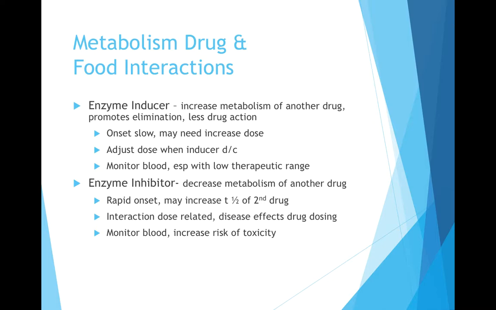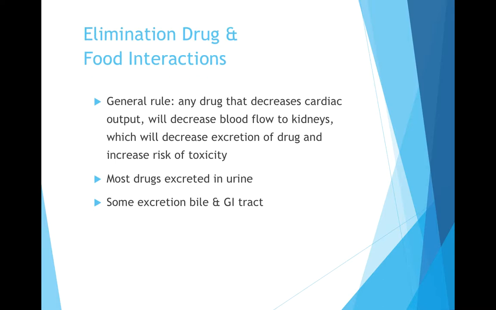You may see an increase in the half-life of the second drug based on what's happening. You do not need to understand this in depth, this is really a provider level understanding, but you just need to understand that we can see these kinds of effects in the body between certain compounds. So you just have to understand the interaction between medications that you're going to be administering.